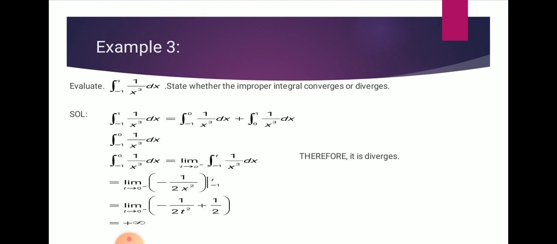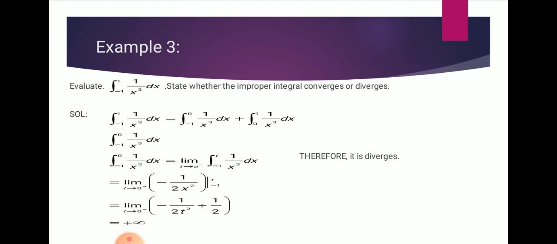Then rewrite as a limit. The result is that the integral from negative 1 to 0 of 1 over x cubed dx is equal to the limit as t approaches 0 from the left of the integral from negative 1 to t of 1 over x cubed dx.